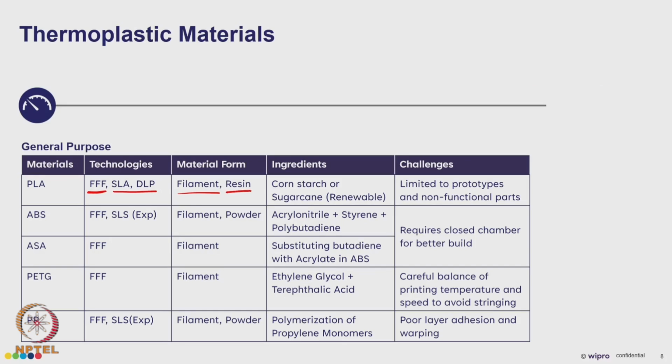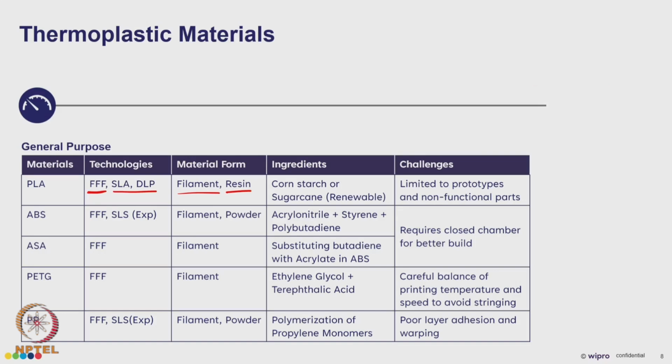In the case of ingredients, this is actually a renewable material because the raw materials for it are taken from cornstarch or sugarcane waste. The limitations here are, it is actually a prototype kind of material and it is not suitable for functional components.